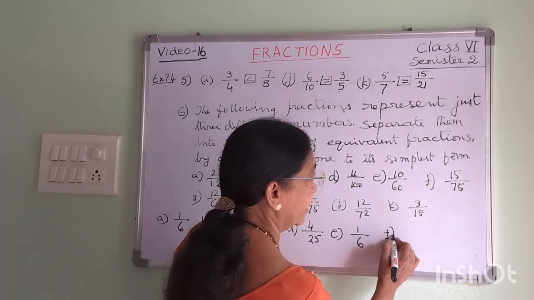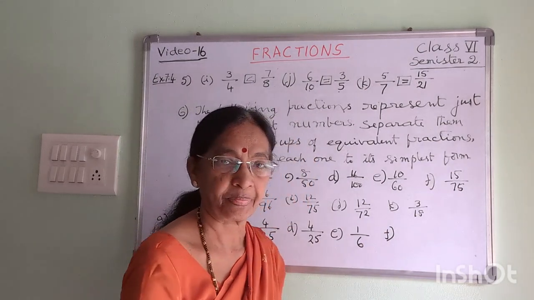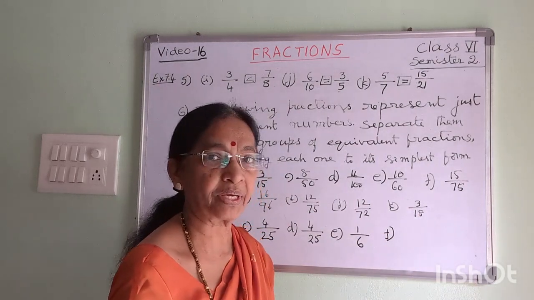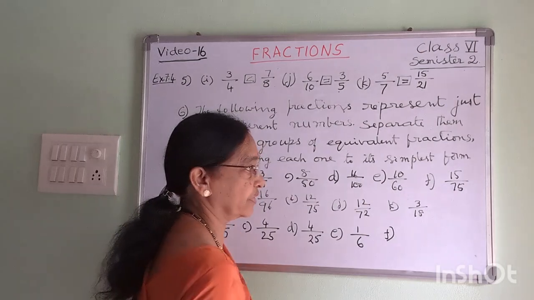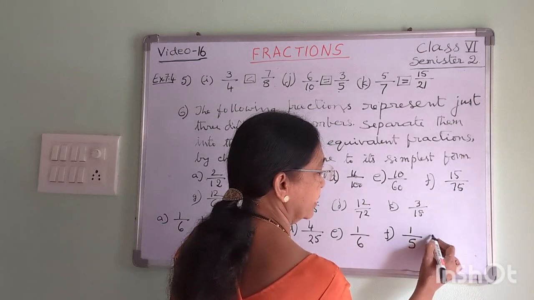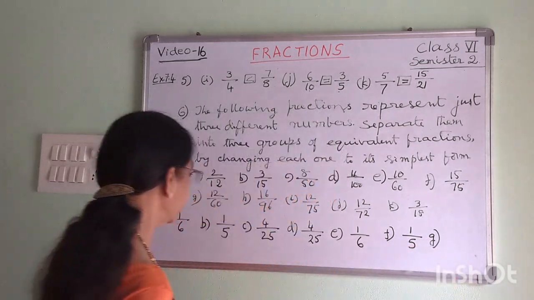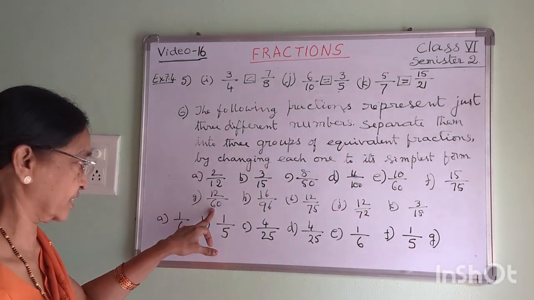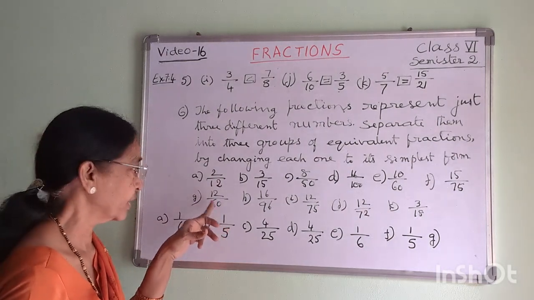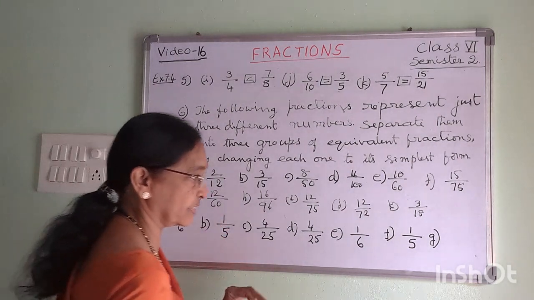Next, F, 15 by 75. 15 is a factor, and 75 is divided by 15. 15 1s are 15 and 15 5s are 75. Therefore 1 by 5. Next, G, 12 by 60. 12 is a common factor. 12 1s are 12, 12 5s are 60.